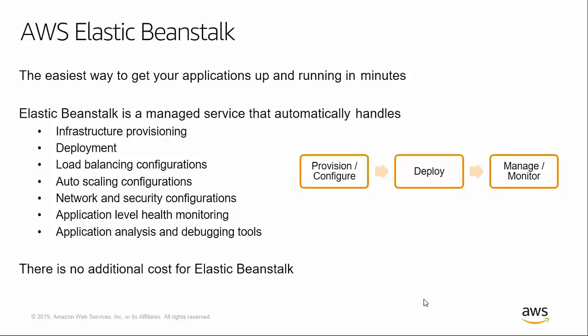We handle things like the load balancing and auto scaling configurations. We help set up your network and security. We leverage application health monitoring, and then we leverage a set of analysis and debugging tools for the management aspect once your code's deployed.